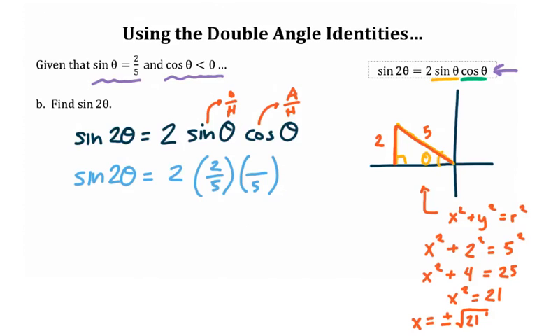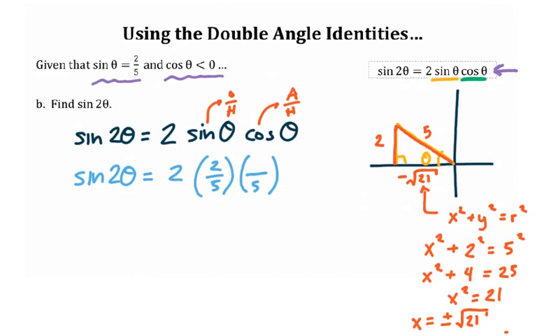Since we're in quadrant 2, is the x-coordinate positive or negative? So yep, it's negative, so we're going to put the negative square root of 21 as the label for that missing side. So notice we did have to do a little bit of groundwork to be able to plug into the identity. Our work right now just allowed us to, when we see cosine, correctly find that cosine ratio.